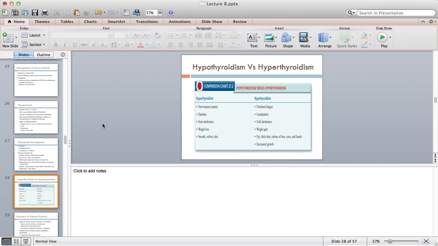So taking congenital adrenal hyperplasia, of course this is an autosomal recessive disorder. There is a deficiency in the 21 hydroxylase enzyme, which is needed for the synthesis of cortisol and aldosterone.